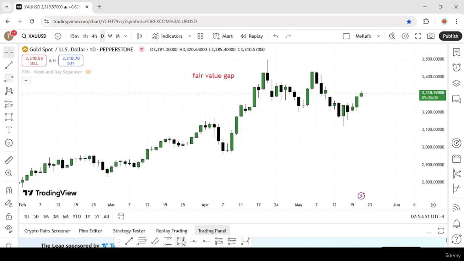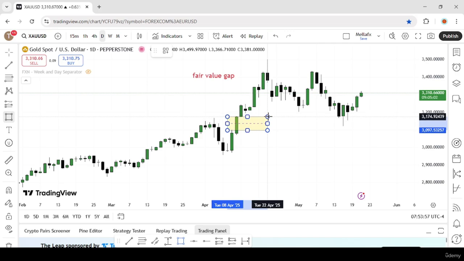So I'll outline different examples of fair value gap. A fair value gap is used to show levels of imbalance, areas where the market left with high volatility or a high level of expansion.